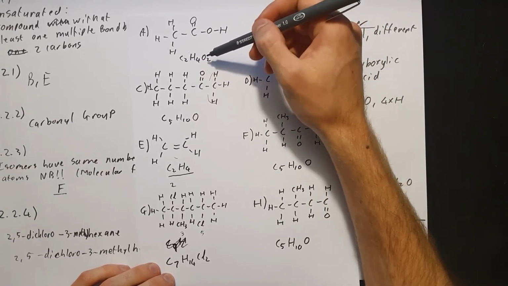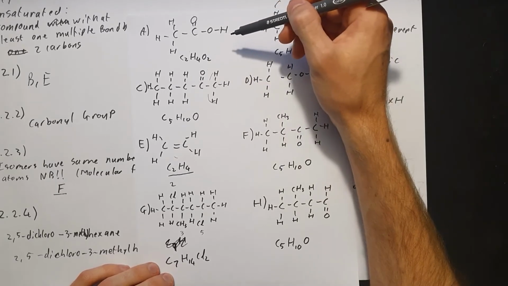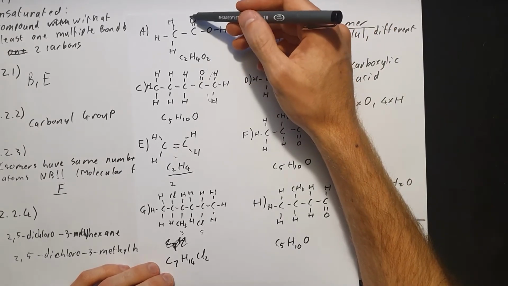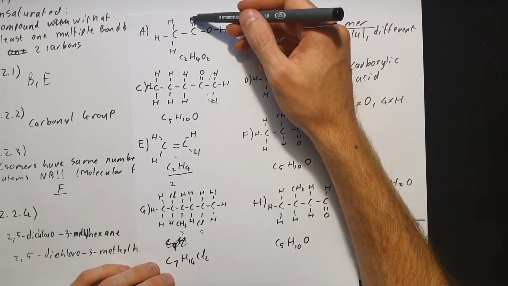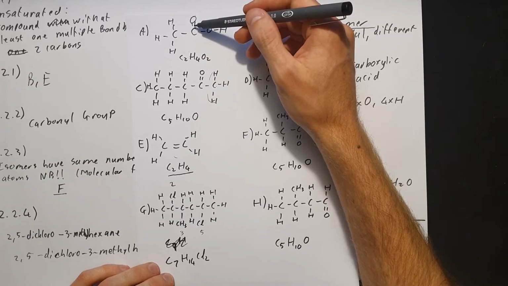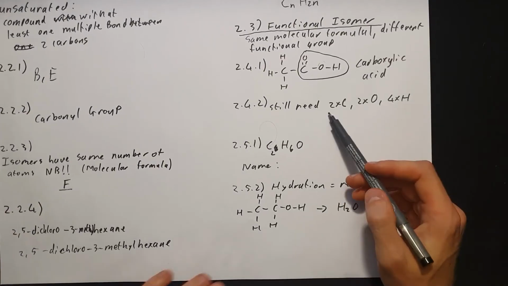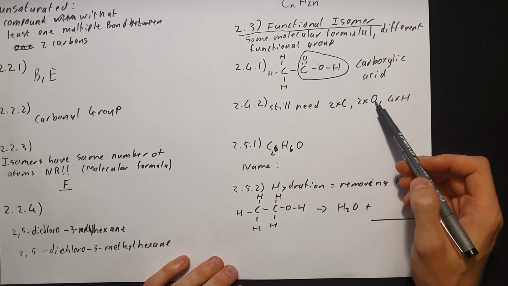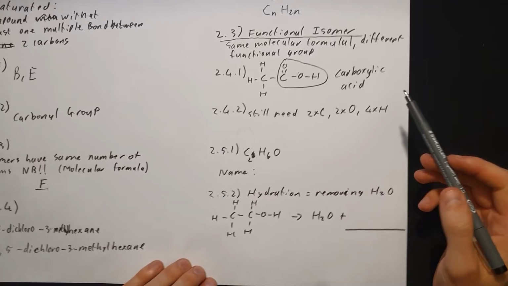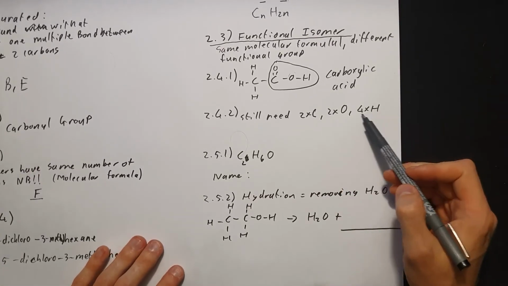I can't add or take away any molecules. Remember it's an isomer. Therefore, we're still going to have a double bond oxygen to one of the carbons.